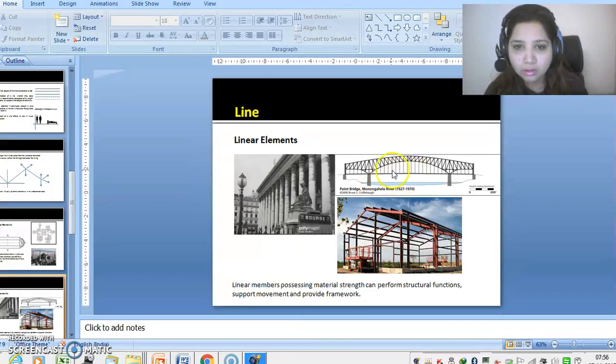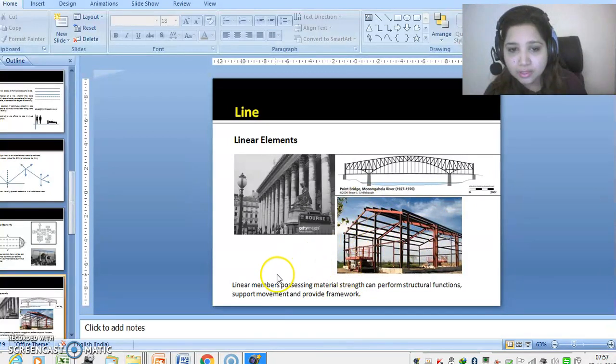The same goes with the bridge. A bridge is also a linear element. It is a horizontal linear element which is stable. It is not dynamic. So linear members possessing material strength can perform structural functions, support movement, and provide framework. So this is also a linear element.